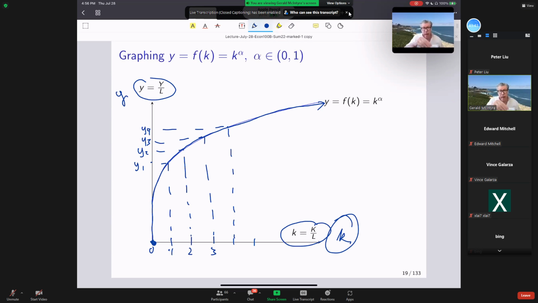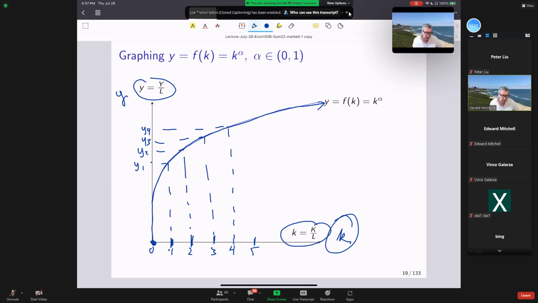That's the key insight. So what does that mean? Let's put that into the context of what we know diminishing marginal product is. It says, as you give workers more and more average capital, as the average capital stock per worker rises, 1, 2, 3, 4, 5, every worker has 1 unit of capital.